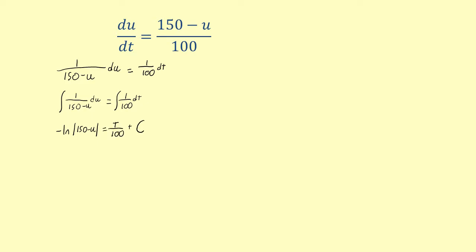To get rid of the natural log, we'll raise e to the natural log of the absolute value of 150 minus U, and do the same to the other side to get e to the negative t over 100. Notice that we moved the negative sign over to the right-hand side of the equation. We will also need to redefine c. This gives us the absolute value of 150 minus u equals c sub 1 times e to the negative t over 100.